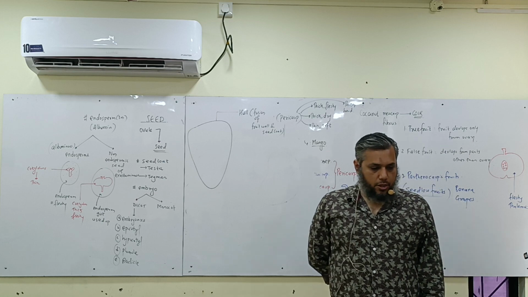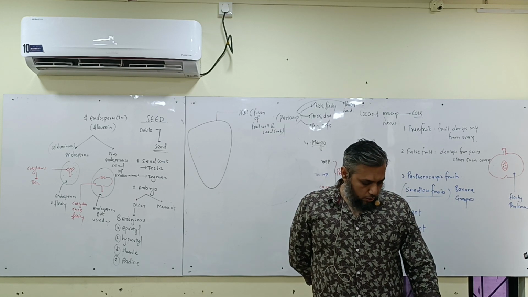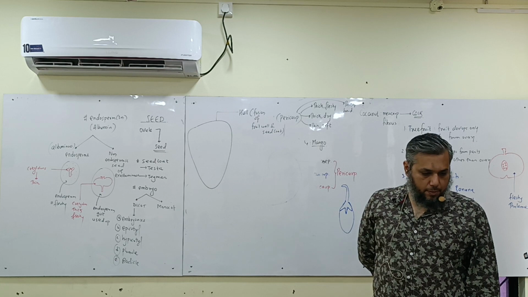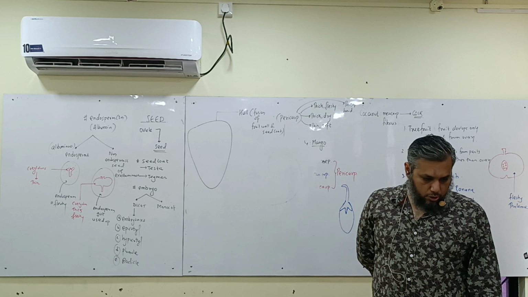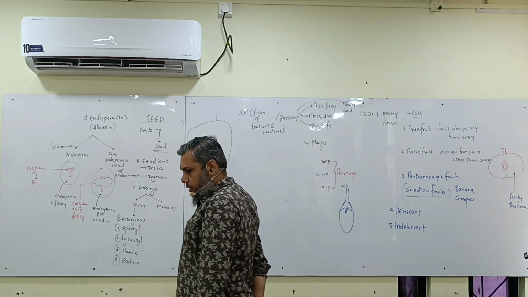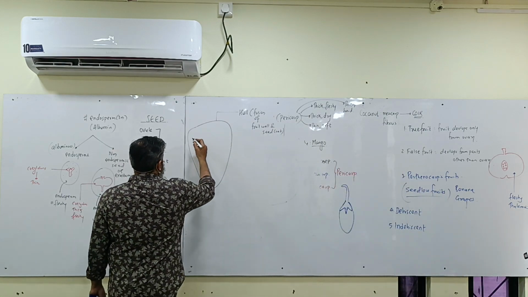अब हल के नीचे do you see a layer of cells? What is it? What is it labeled as? Aleurone layer. Okay. Right over there, triploid, 3N. Aleurone layer is 3N.